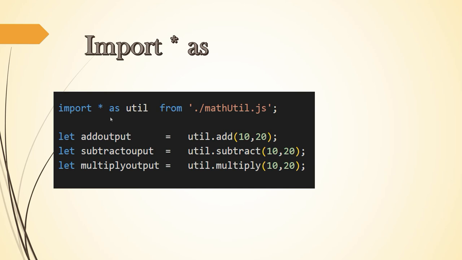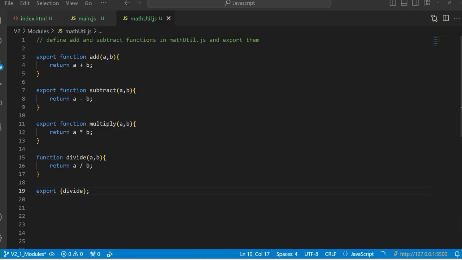So here in this case, we did import star as util, and add, subtract, multiply are extracted from there. We should be able to call util.add, util.subtract, util.multiply. In math.util.js, I kept all my exports as they are. The default export for multiply I have removed.